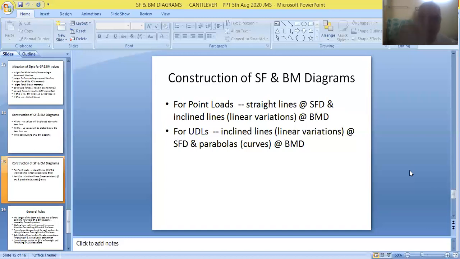In the case of UDLs, we have to use inclined lines at SF diagrams and parabolas at BM diagrams. So friends, these rules are also very, very important while doing the construction of SF and BM diagrams.